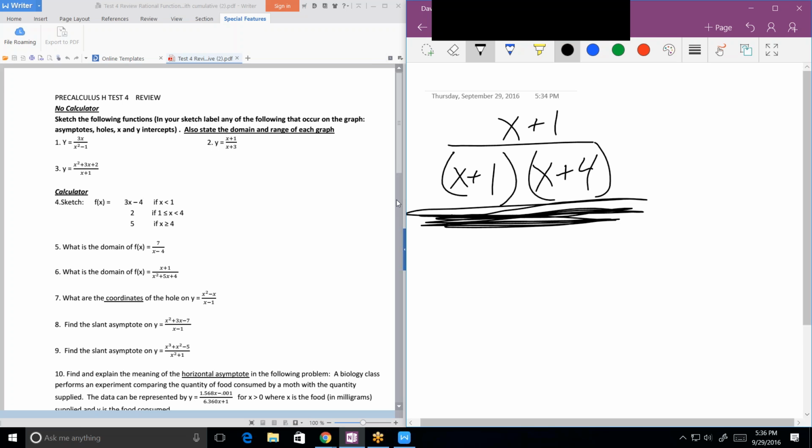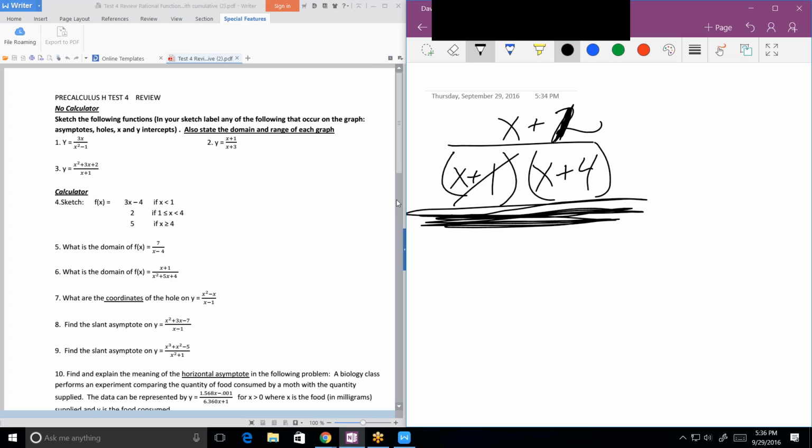Yeah. And the fact that this creates a hole doesn't really affect the domain. This numerator might be x plus 2, and I would still have the same domain, all reals except -1 and -4. So by making it x plus 1, and I could cancel it out, remember that the hole sticks with the domain, so it doesn't change the domain, whether I can cancel it or not.